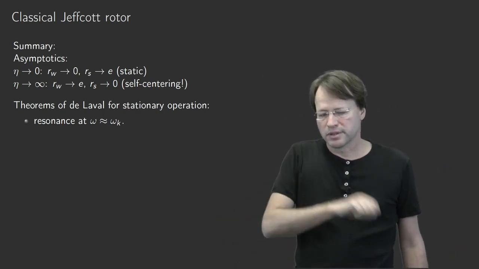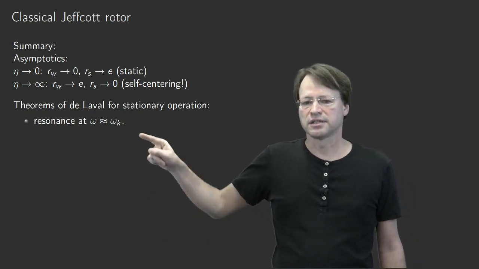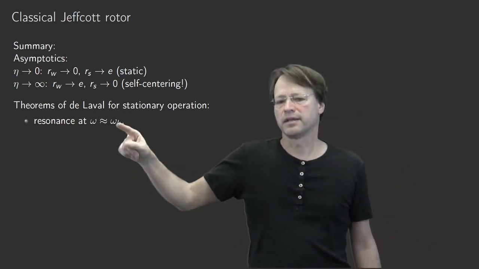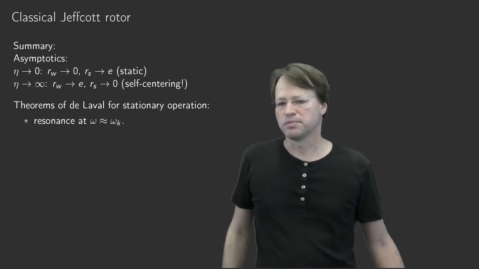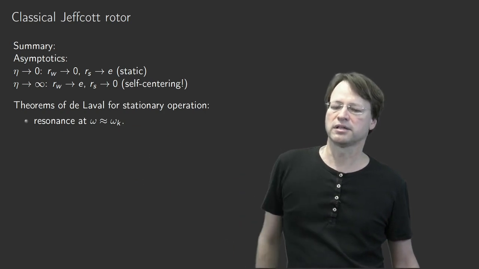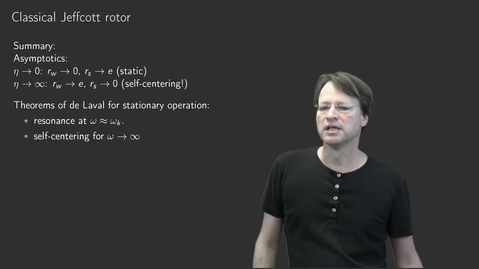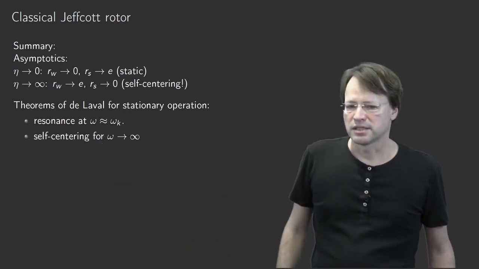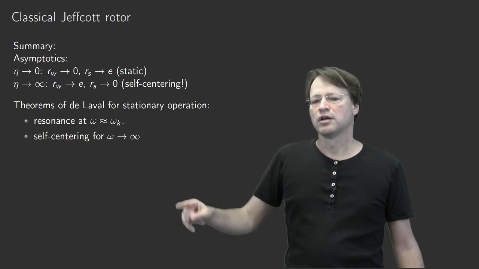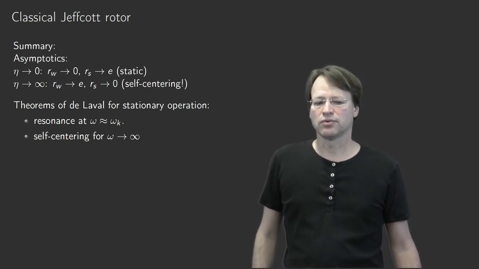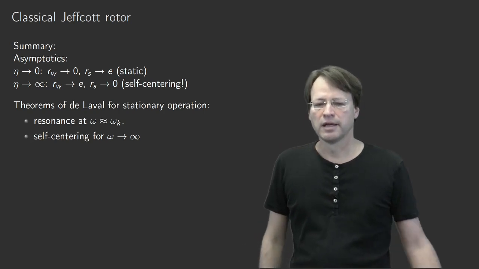The first result is that there is a resonance at or close to the critical speed, which is the natural frequency of the system. So omega k squared is equal to c divided by m. And finally, damping is always assumed to be small. Finally, there is the self-centering effect that takes place for very large rotational speed for high-speed rotors.